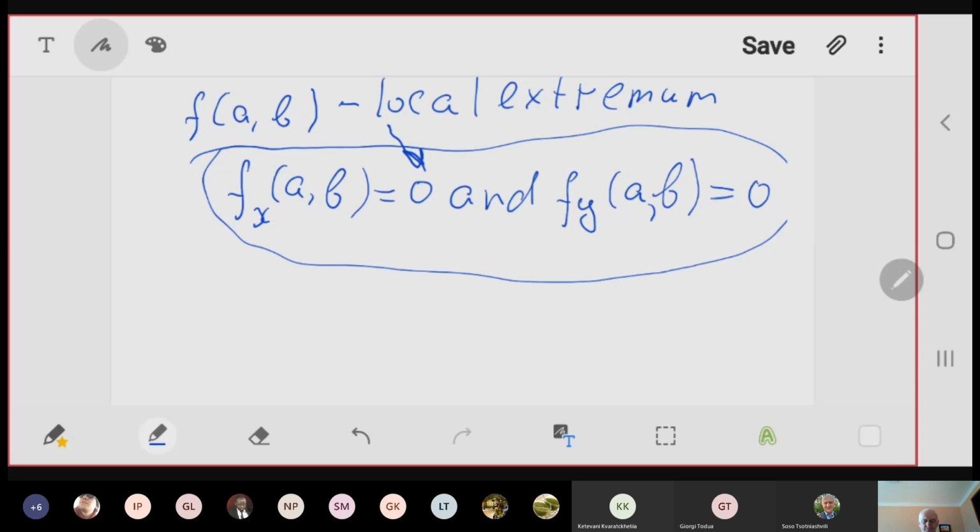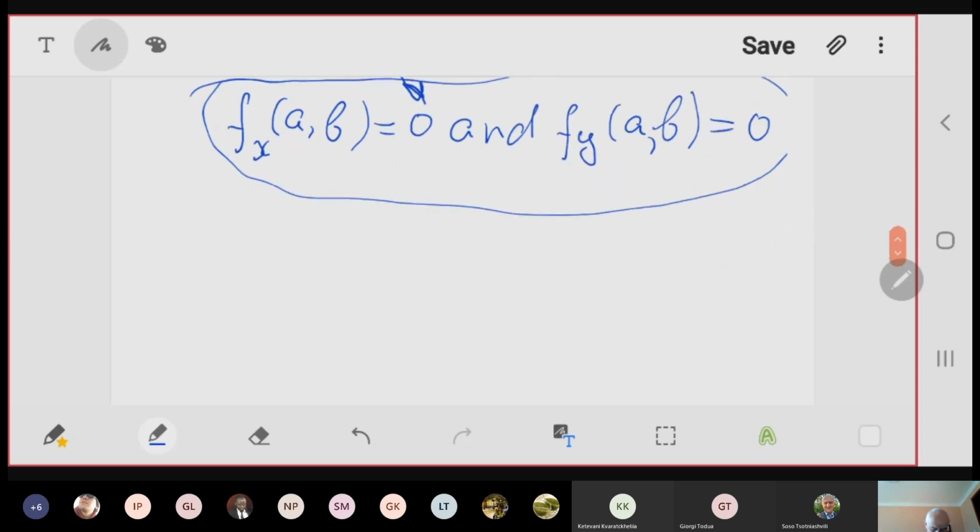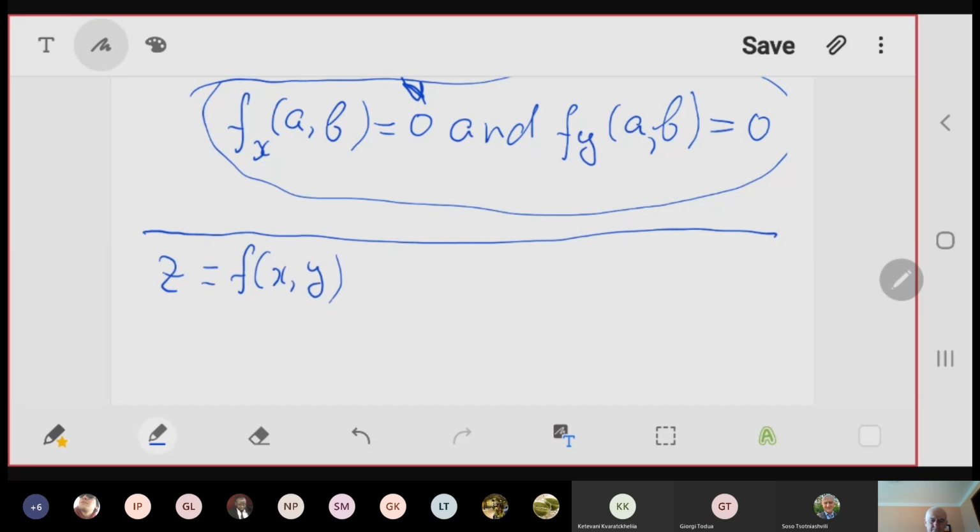Now, a more important thing. When given a function, how can we find the extremum of this function?